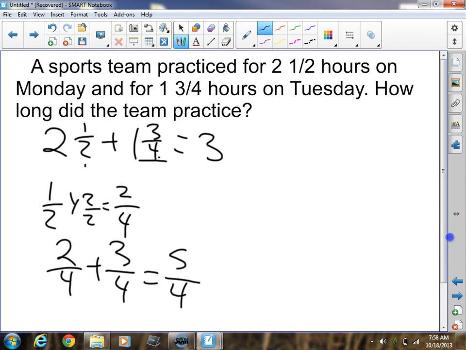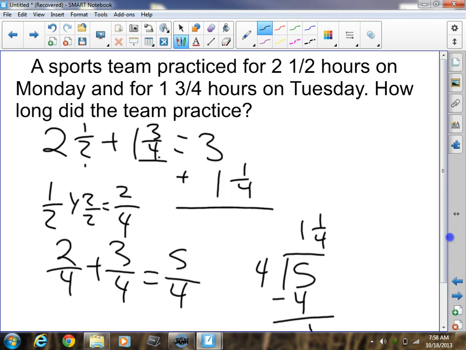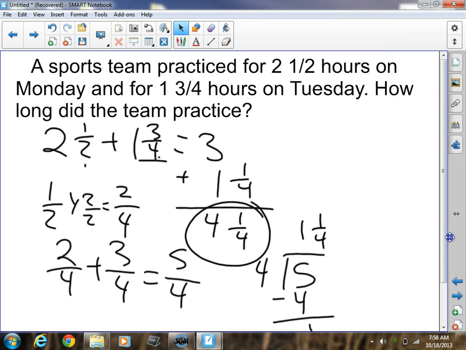Oh no, we have an improper fraction, so we have to do the exact same thing we did earlier, which is make it a mixed number. 5 inside the box, 4 outside the box, you get 1 and 1/4, and I'm going to add it here. So that, ladies and gentlemen, is my final answer. They practiced for 4 and 1/4 hours.